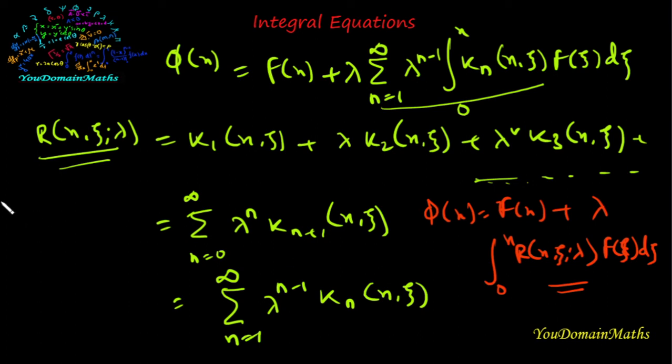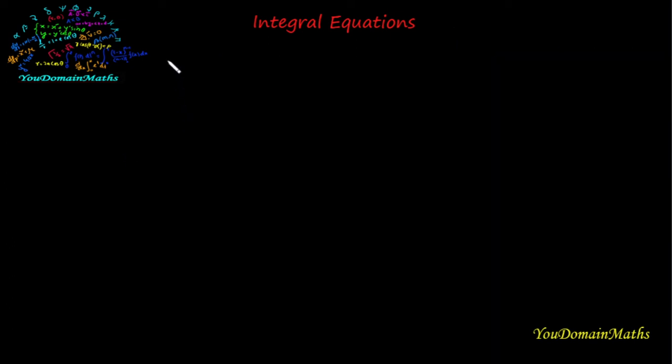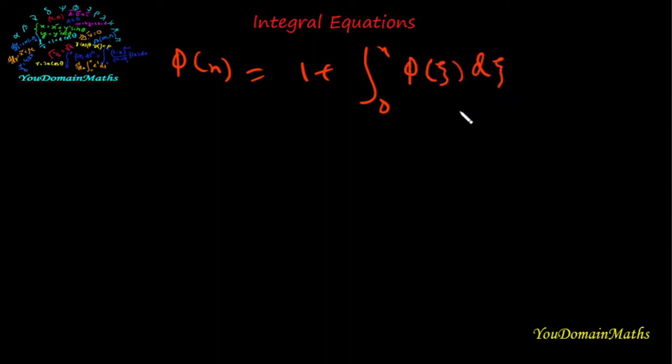We use a very simple equation to solve it, for time consumption: phi of x equals 1 plus the integral from 0 to x of phi of xi d xi. This is the integral equation.